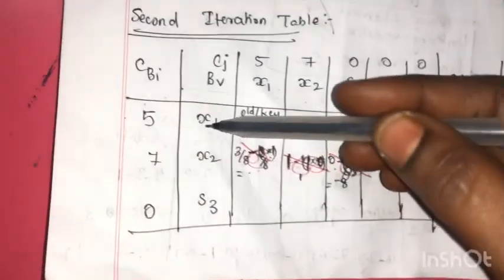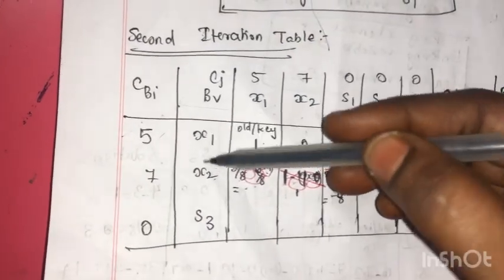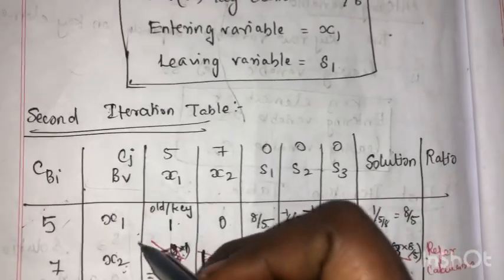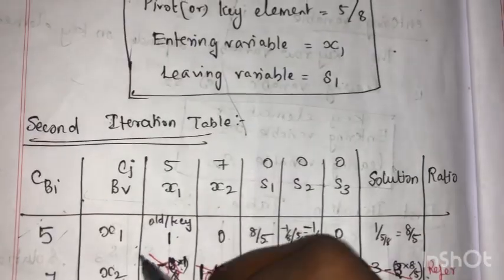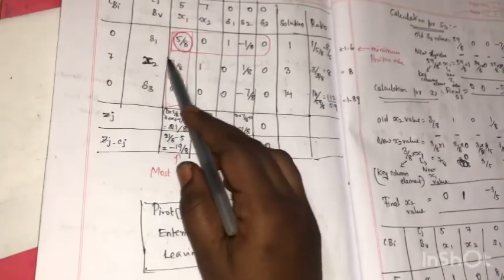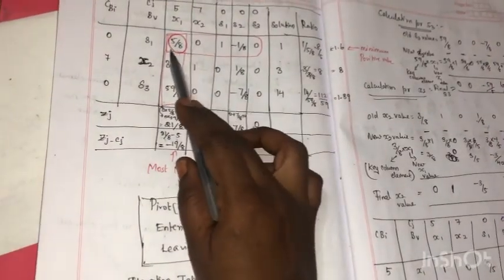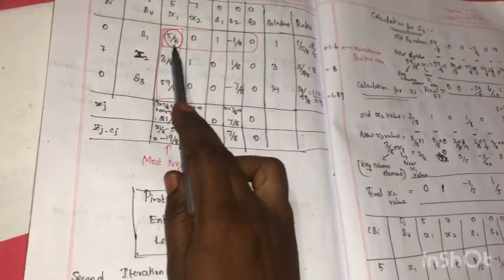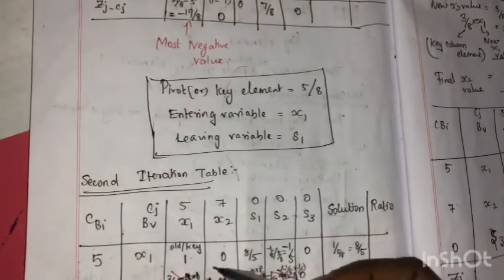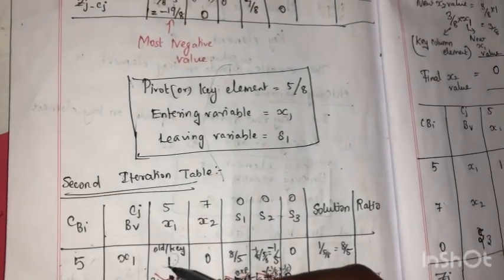You are just entering x1, x2 and s3. Here s1, s2 leave and s3 remains. So the x1 value will be, as you already know, old value by key element. The x1 old value is 5 by 8, and the key element here is 5 by 8. So 5 by 8 divided by 5 by 8 gives 1.